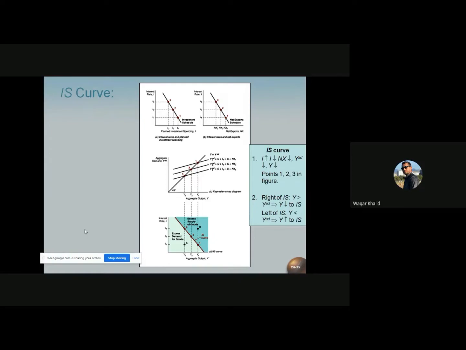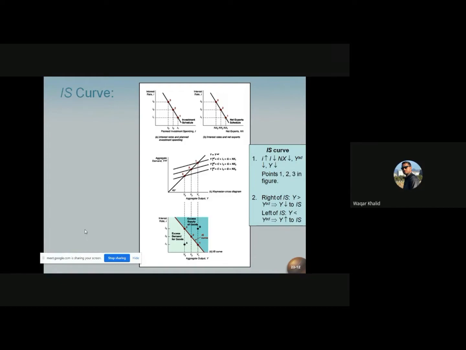So when the interest rate is high, few investments in physical capital will earn more than the cost of borrowed funds, so planned investment is low. But on the other hand, when the interest rate is low, many investments in physical capital will earn more than the interest cost of borrowed funds.